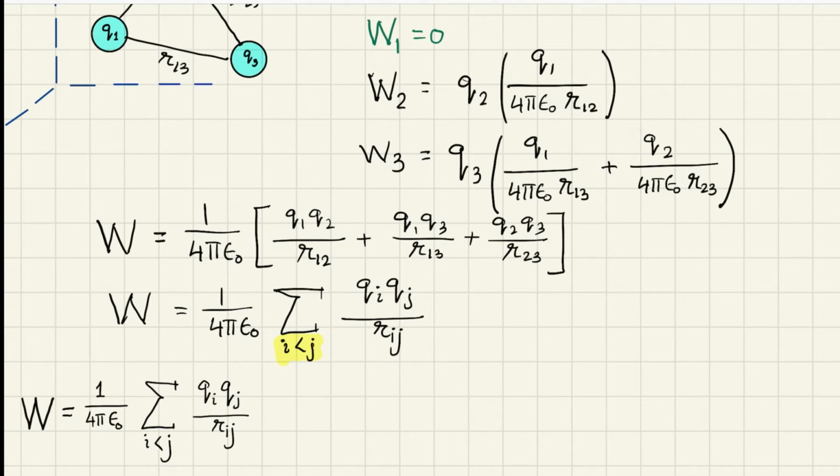So this condition is really to ensure that each pair is counted once. But that's an odd condition.